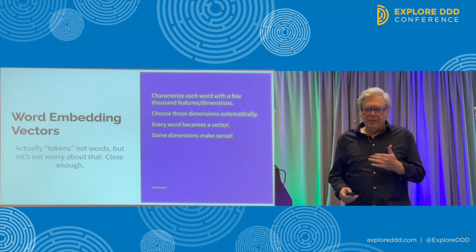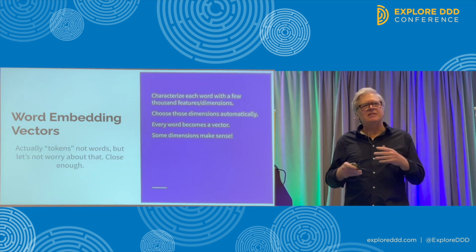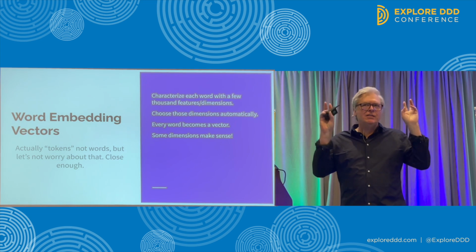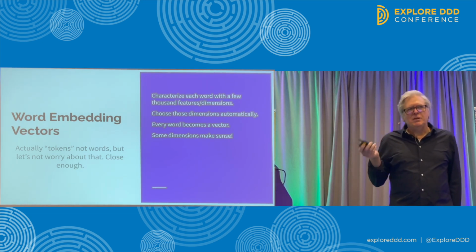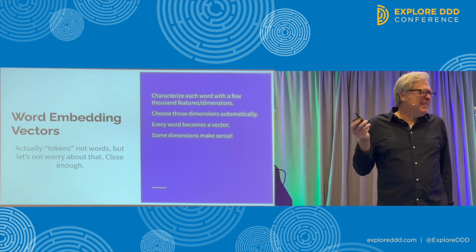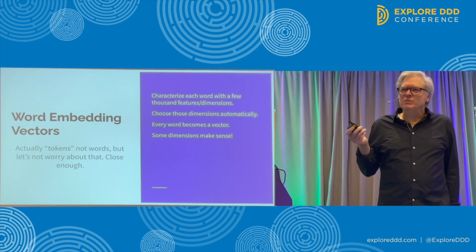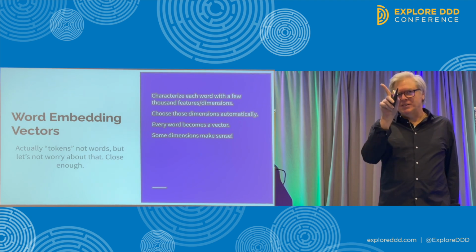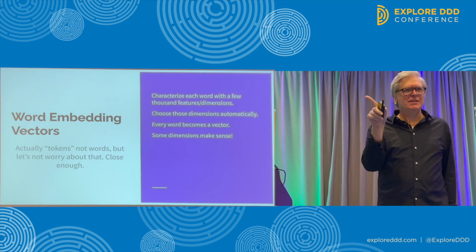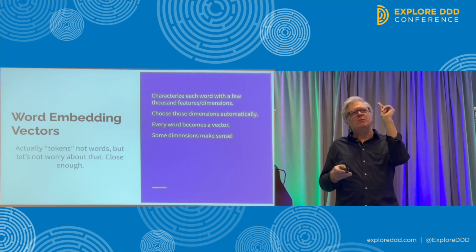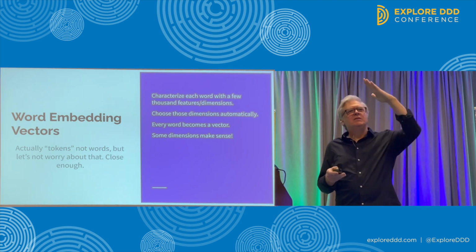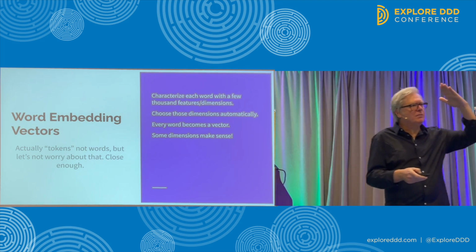We're going to set up a system that will automatically learn these. Some of the dimensions actually do make sense, and some of them won't. Or rather, some of the directions in that vector space will make sense. It's like when I was talking about the difference between two kinds of music, and you can make a vector between them.